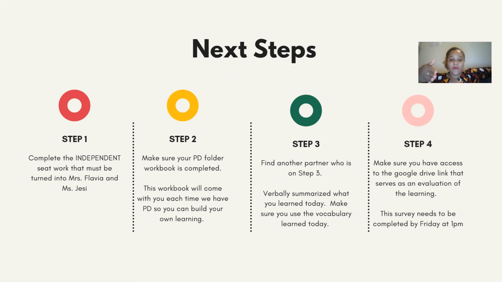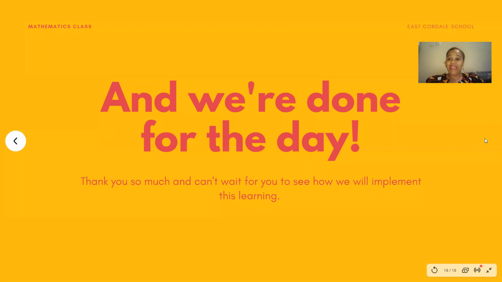And then the next step was making sure their PD folder, which is your outline, is completed. And then they discussed with another partner about what they've learned. And then there was a survey link. And so those pieces were the next steps in order to ensure that we are ready to go to the next process. And then that is the end.